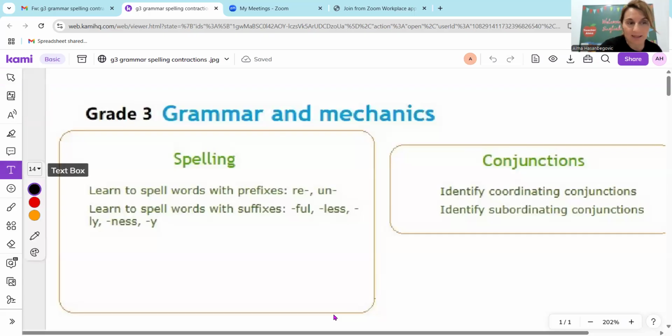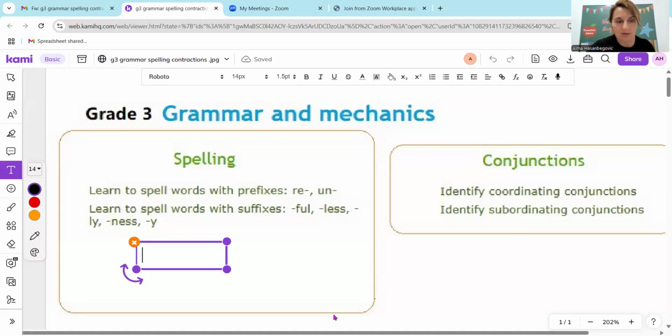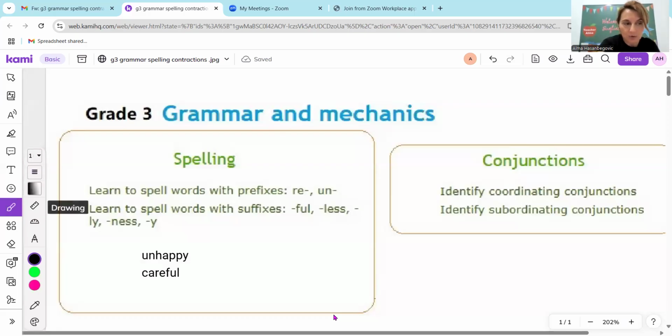Now, what do I mean by coming at the end and coming before the word? Just very quickly, let's take a look at these two words, unhappy and careful. Here you are going to see the prefix un right here. That's a prefix because it comes before the word. This is FUL, it comes at the end.